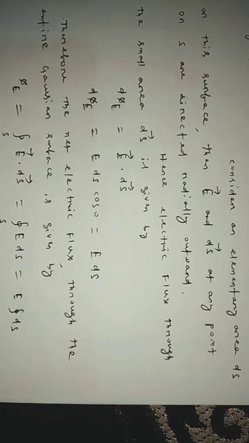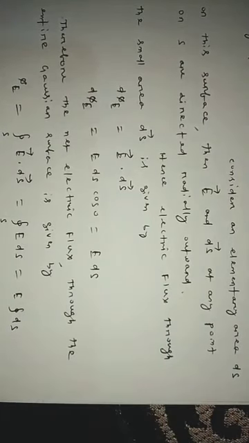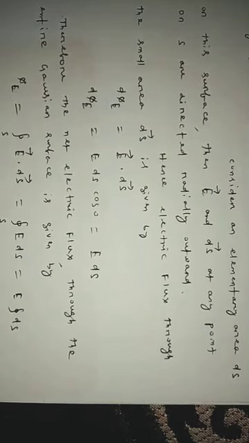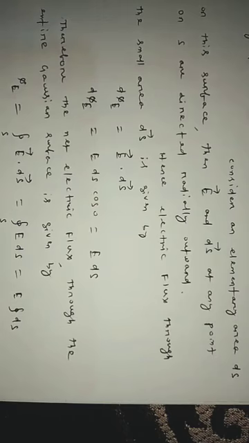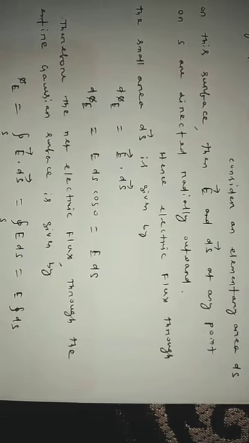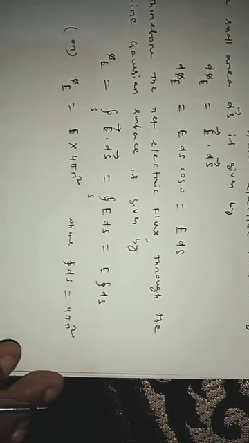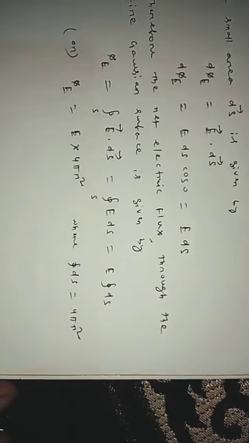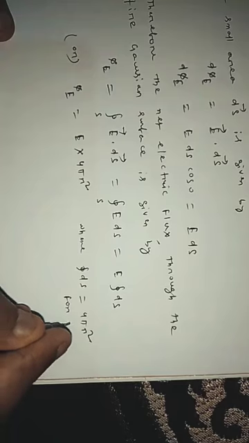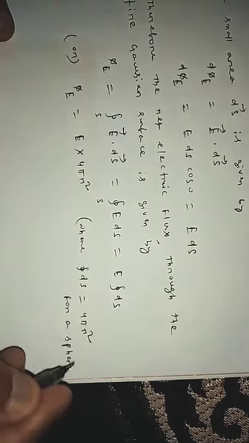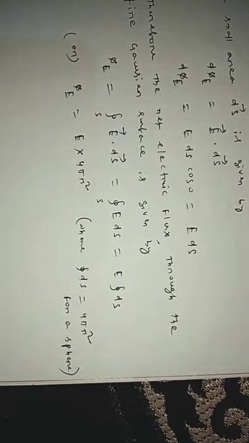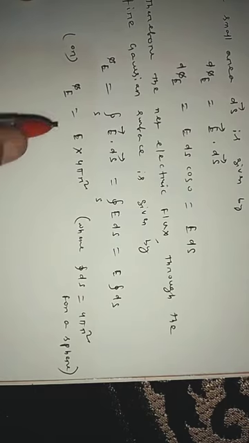So phi E equals E into the integration of ds, where the integration of ds is the surface area of the sphere, equal to 4 pi r square. This is your equation 1.